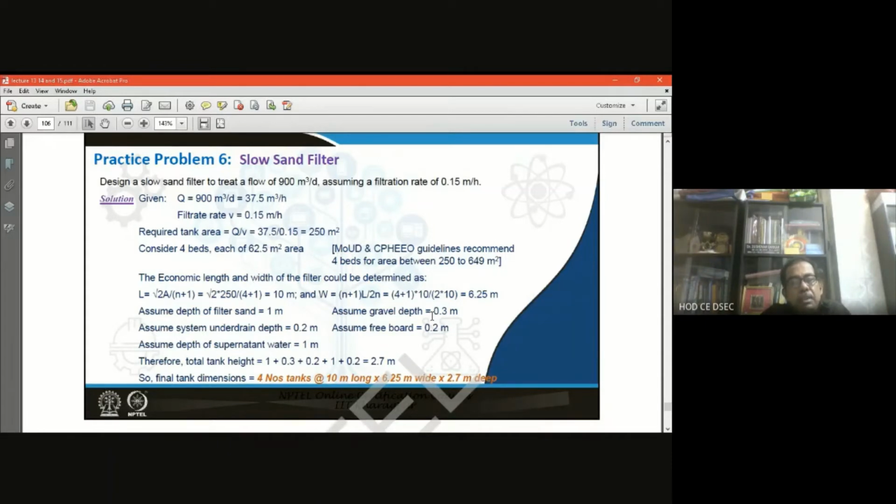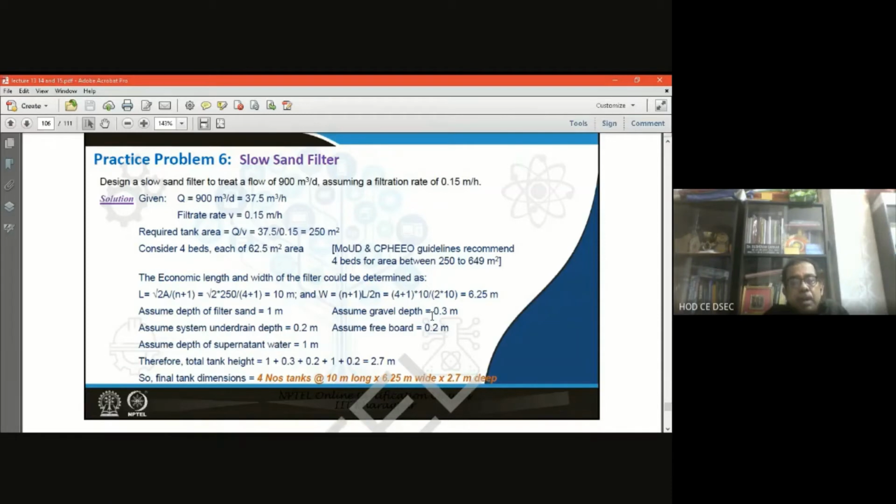If we divide the total flow, Q, by the filtration rate, we will get the required area of the filtration tank. It is simply dividing 37.5 by 0.15, which will give us the required tank area, that is 250 square meter.